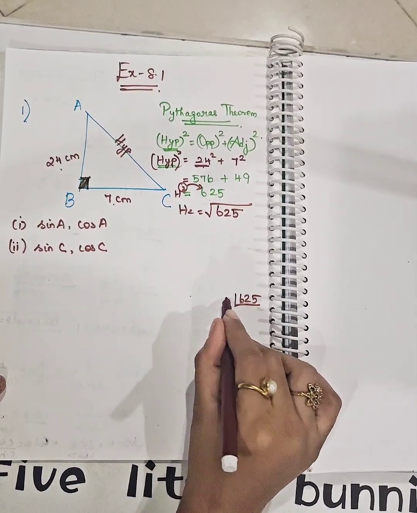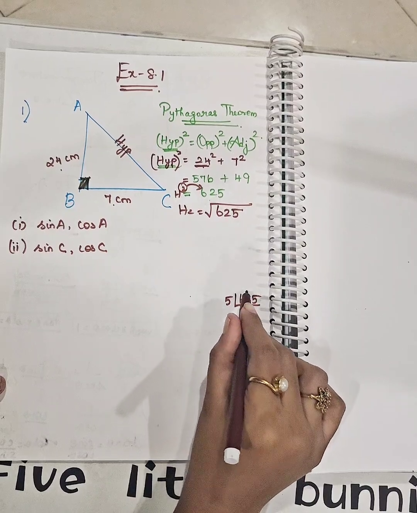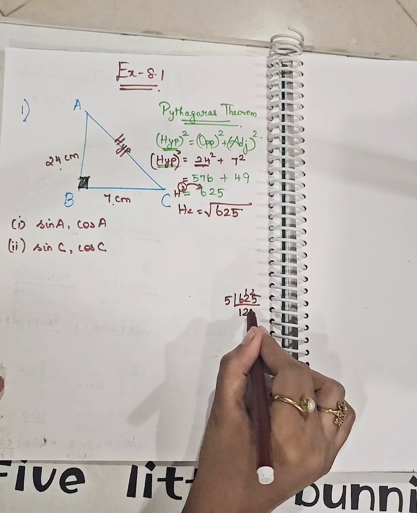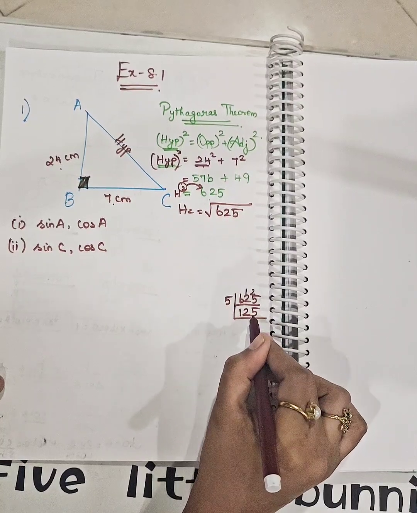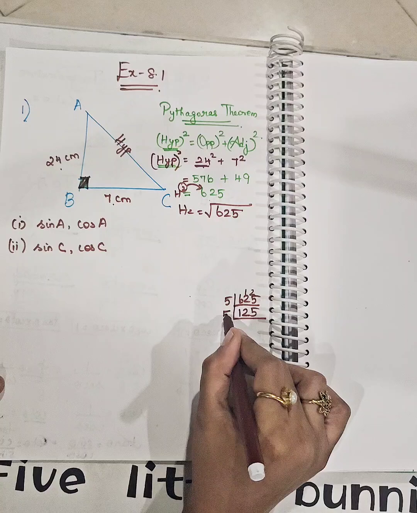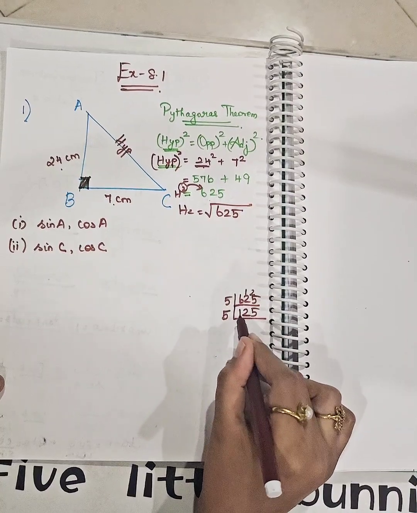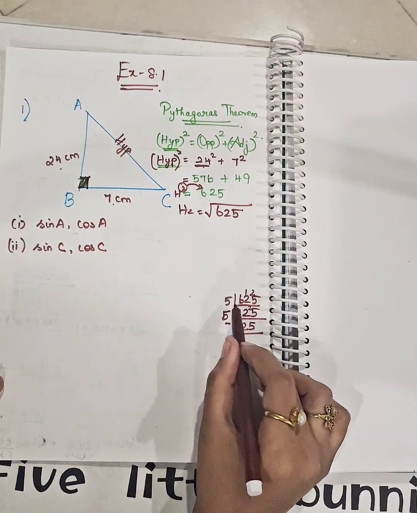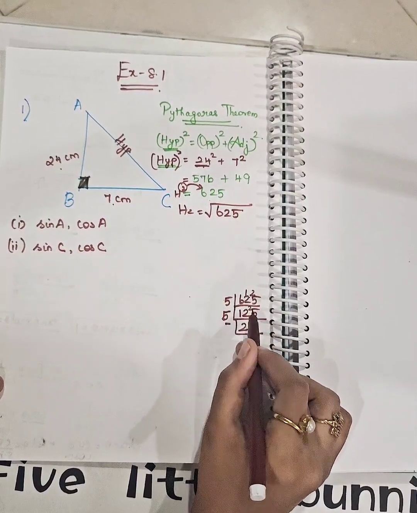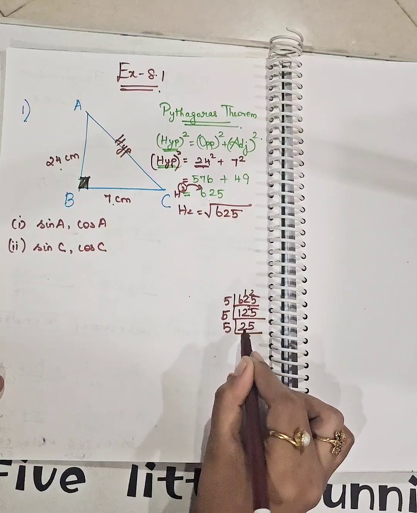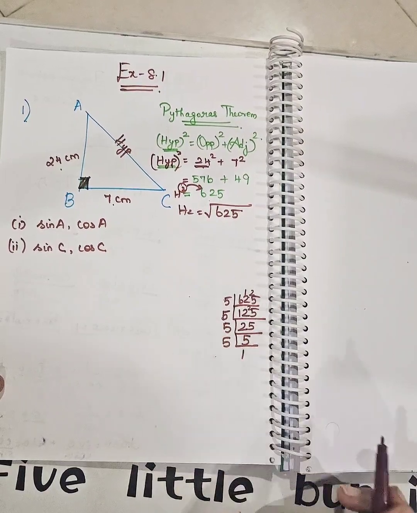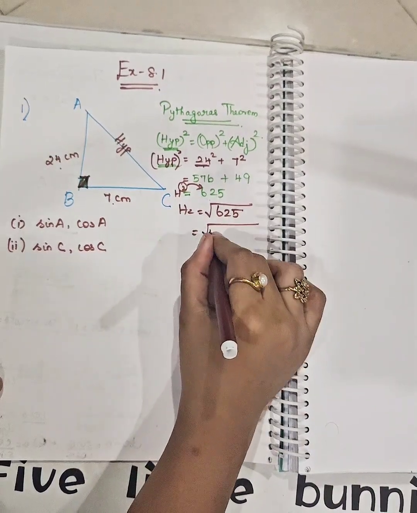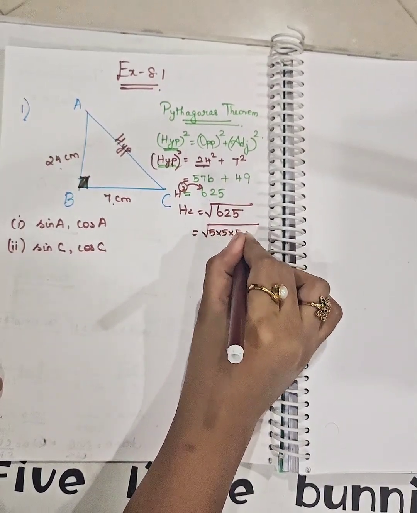Take prime factorization. 5 ones are 5, balance 1, 6. 5 twos are 10, 11, 12, 25. 5 fives are 25. Again this would also go in 5 table. 5 twos are 10, balance is 2. 5 fives are 25. So 5 into 125 is 625, 5 into 25 is 125, next 5 fives are 25, next 5 ones are 5. So what are the factors of 625? Take and write it here: 5 into 5 into 5 into 5.